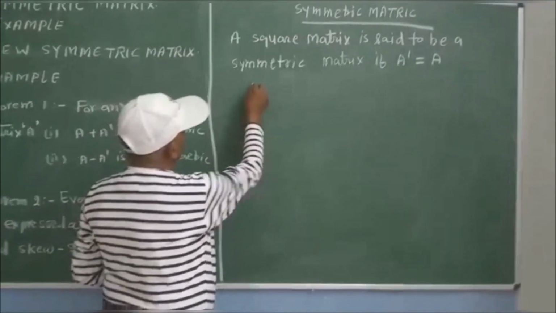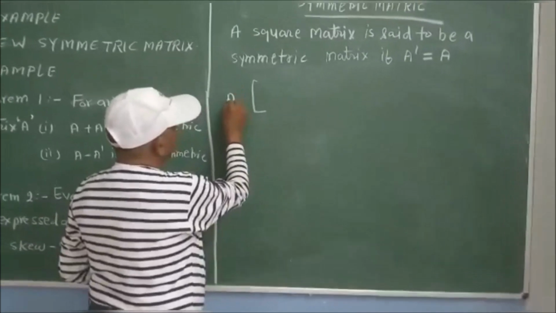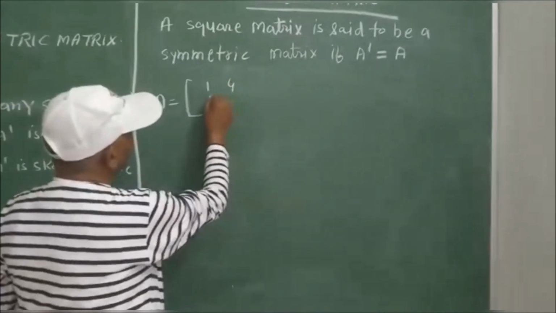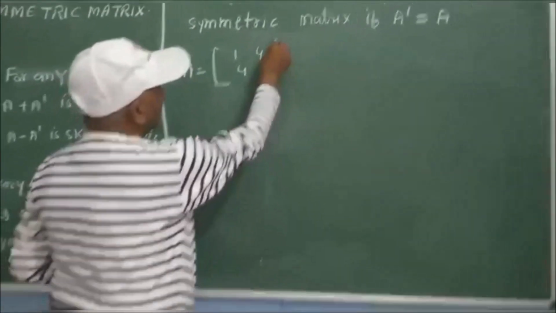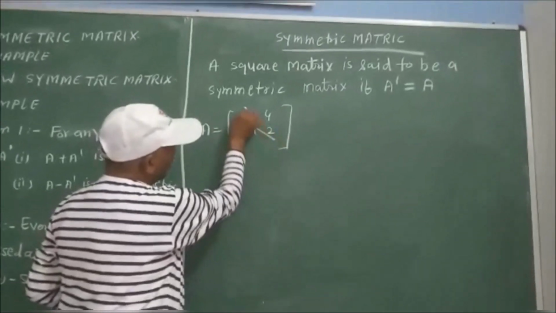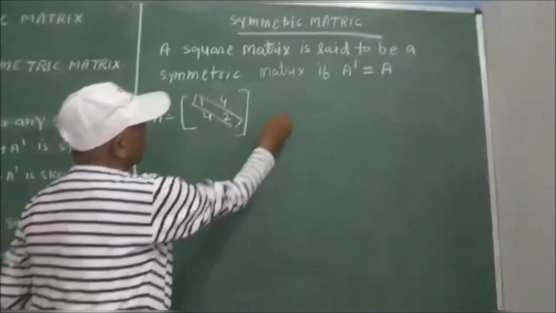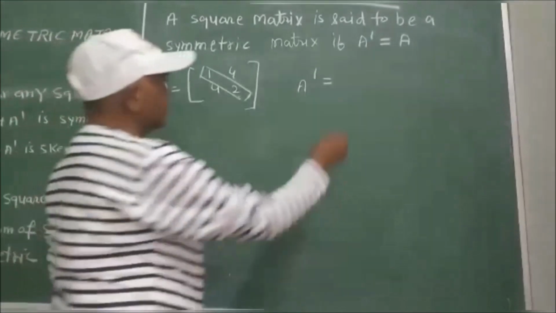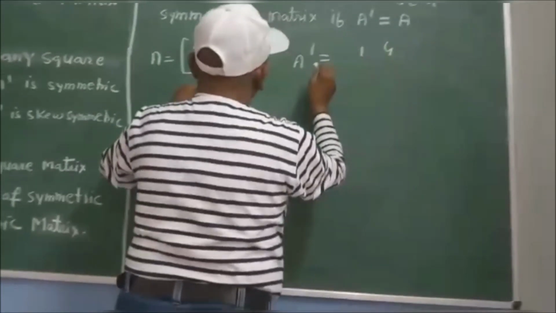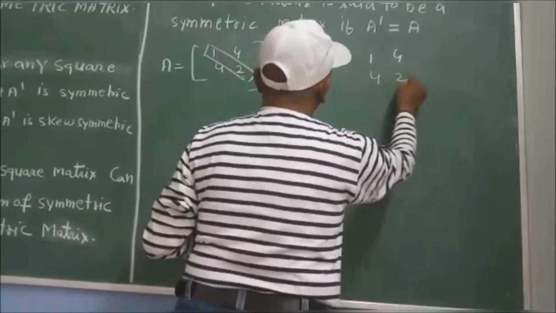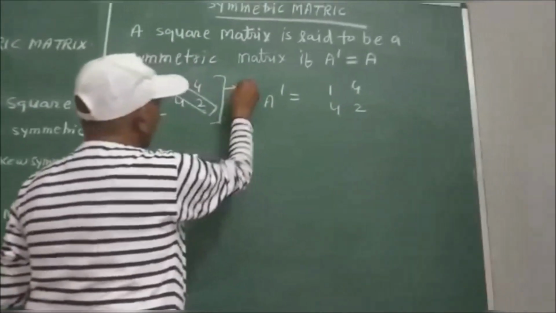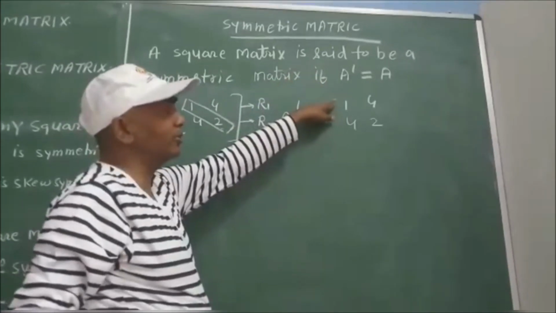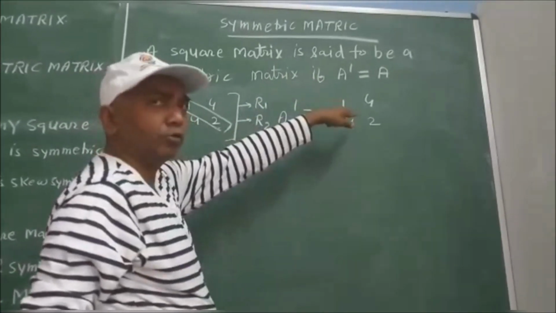I have taken here a square matrix A of order 2 by 2. So the elements will be 1, 4, 4 and 2. As you know, these are your diagonal elements. If you find the value of A transpose, it can be written as 1, 4, 4, 2. Here this is your R1 and this is your R2. R1 is converted into C1 and R2 is converted into C2.